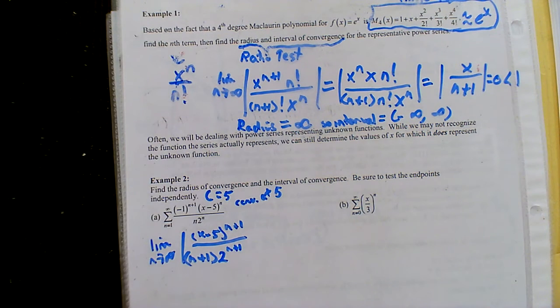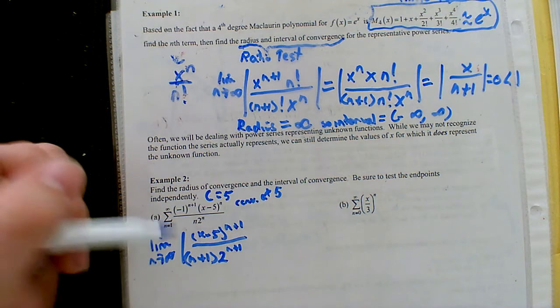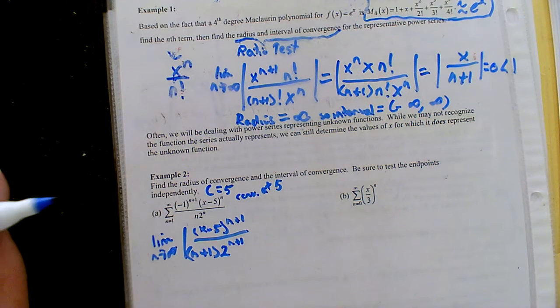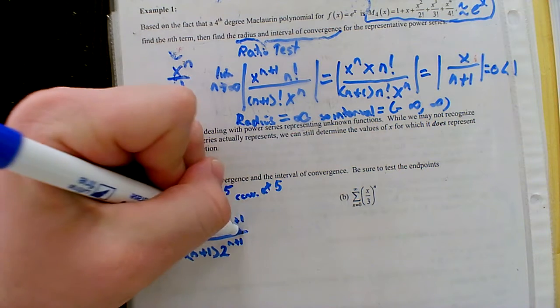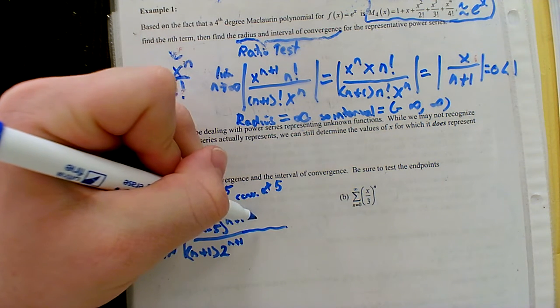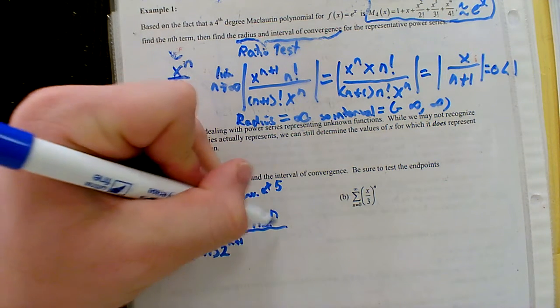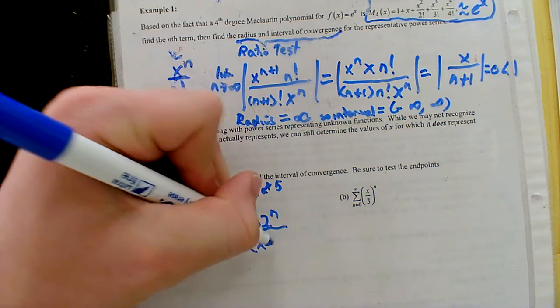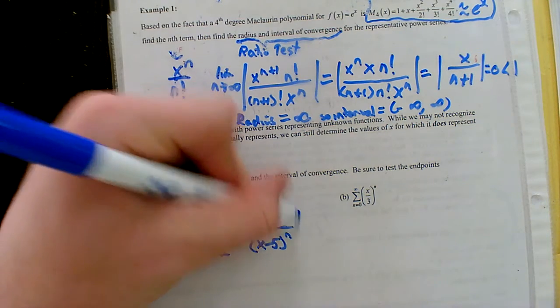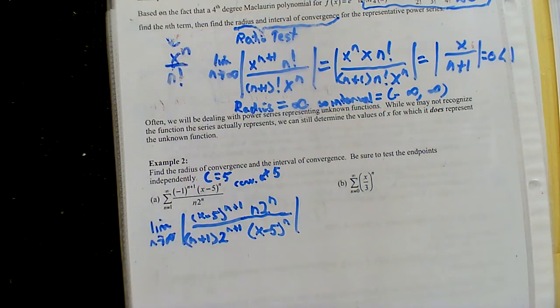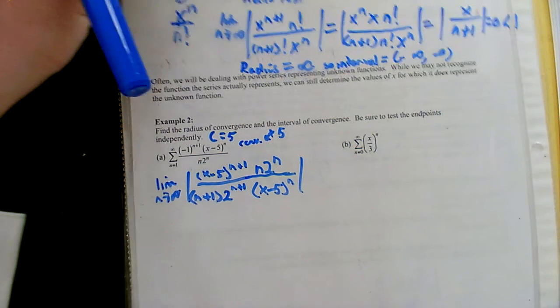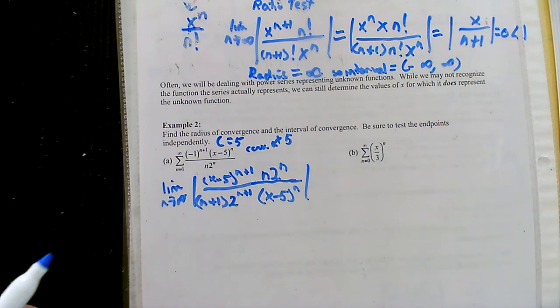Again, that's just plugging n plus 1 in for all your n terms there. And it's absolute value, so the alternator doesn't really matter. Multiplied by the reciprocal of the original, n times 2 to the n. So again, the n plus 1 multiplied by the reciprocal of the original.